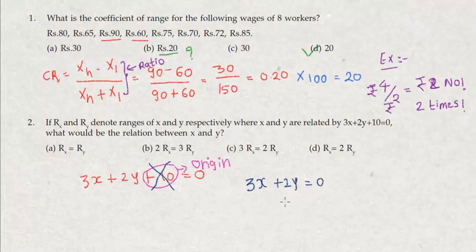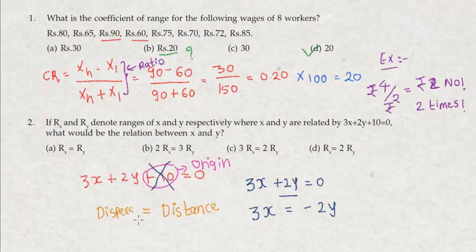Now let me take this 2y on the right side of the equation, then that is 3x is equal to minus 2y. Now one more interesting thing. We are studying dispersion now, and dispersion is about distance. Distance is equal to dispersion.